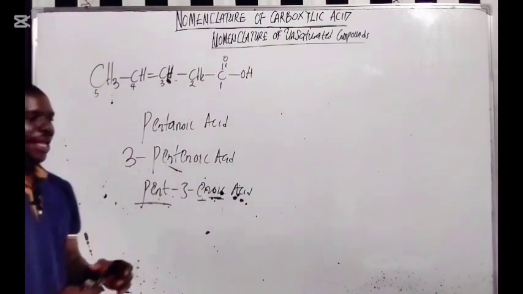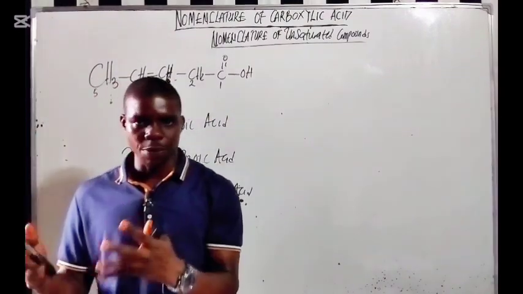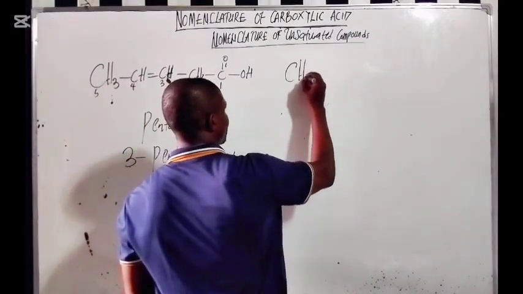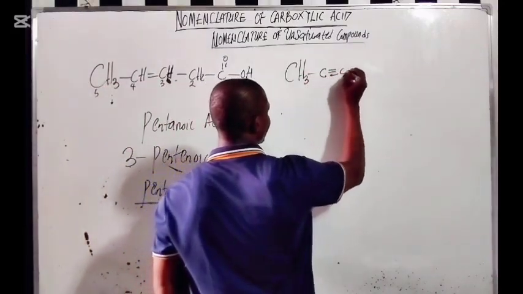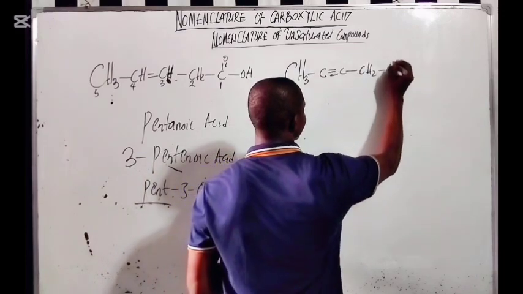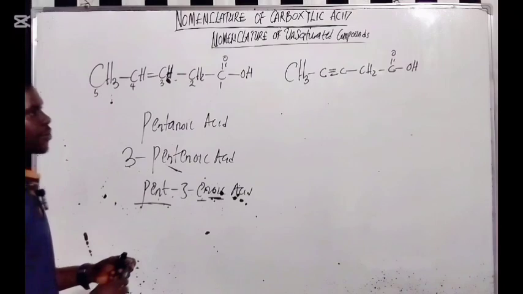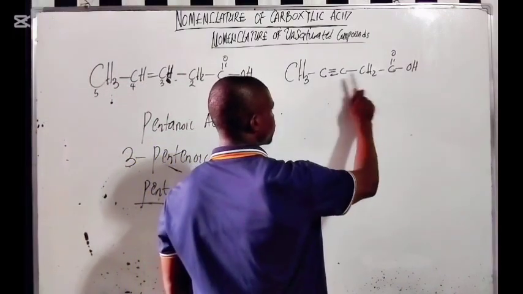Do you understand? Now, if for example you have a triple bond, like CH3, C triple bond C, CH2, C, what is the name of this compound? Here we have 1, 2, 3, 4, 5.